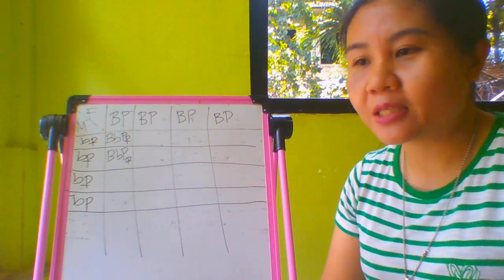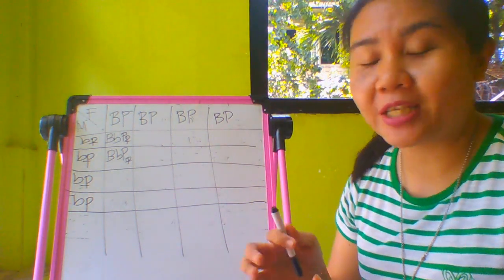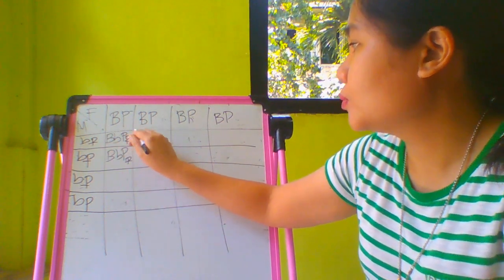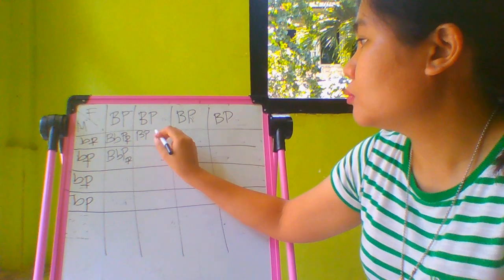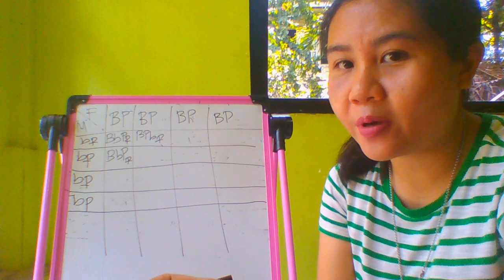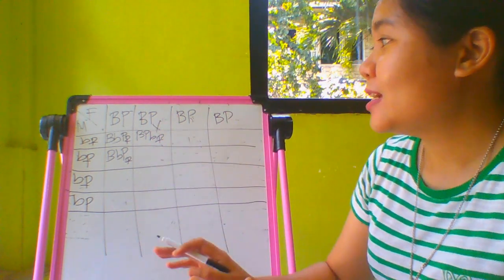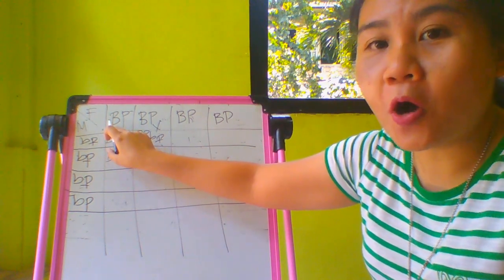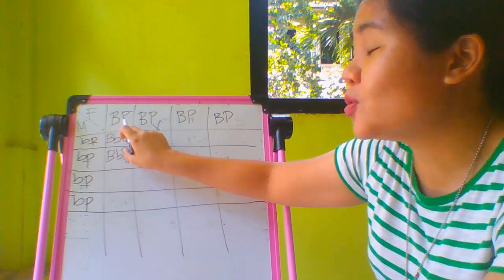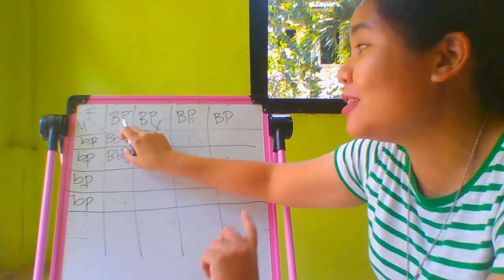A common mistake done by my students is that they mix up the traits. For example, when I see this in your Punnett square, this is automatically wrong. Because this one will occupy a different location on the chromosome, while this one will appear in a different location in the chromosome.